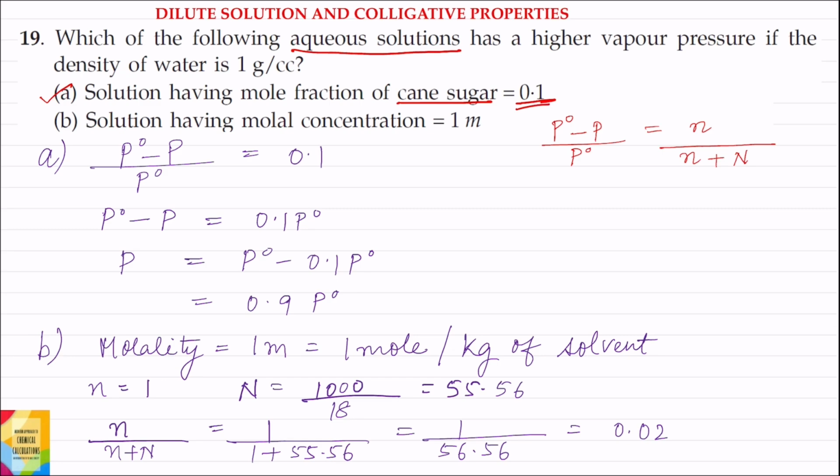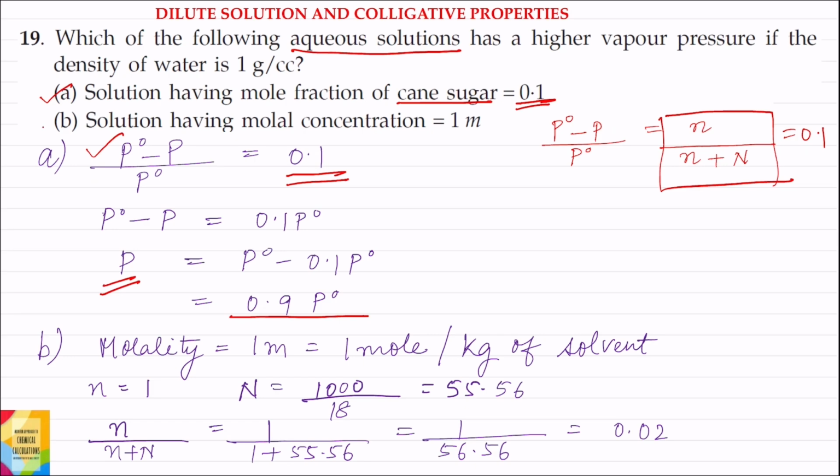So, the value of mole fraction, that is n divided by n plus N, is given as 0.1 and this is also equal to relative lowering of vapor pressure. So, we can write (P naught minus P) divided by P naught is equal to 0.1. And on solving we get P is equal to 0.9 into P naught. That is, vapor pressure of solution is equal to 0.9 times the vapor pressure of the solvent.